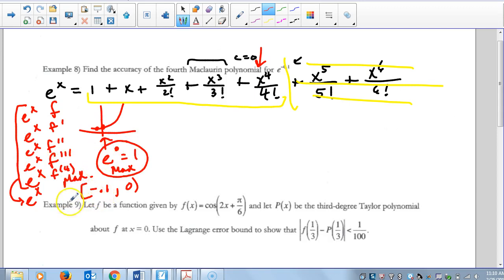So I'm maximizing f4, the fourth derivative. So we're plugging 0 in there, and we're getting the 0 from here. So this is the max of f4 because of the increasing function.